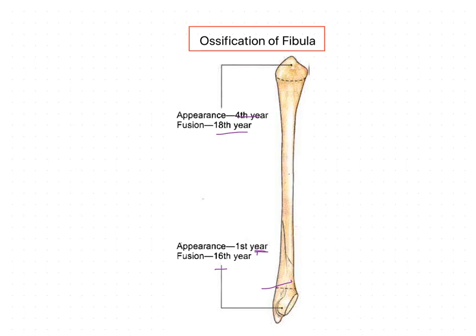So here you can see that the fibula violates the law of ossification, because the secondary center which appears first, in the lower end, does not fuse last.